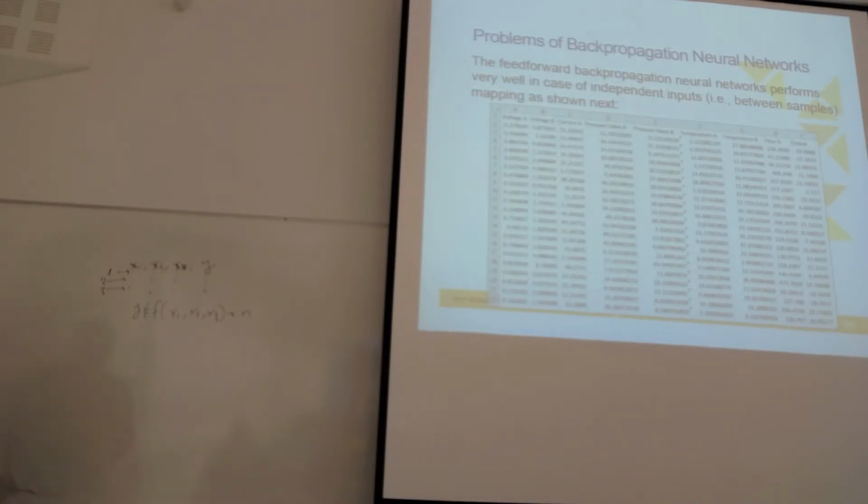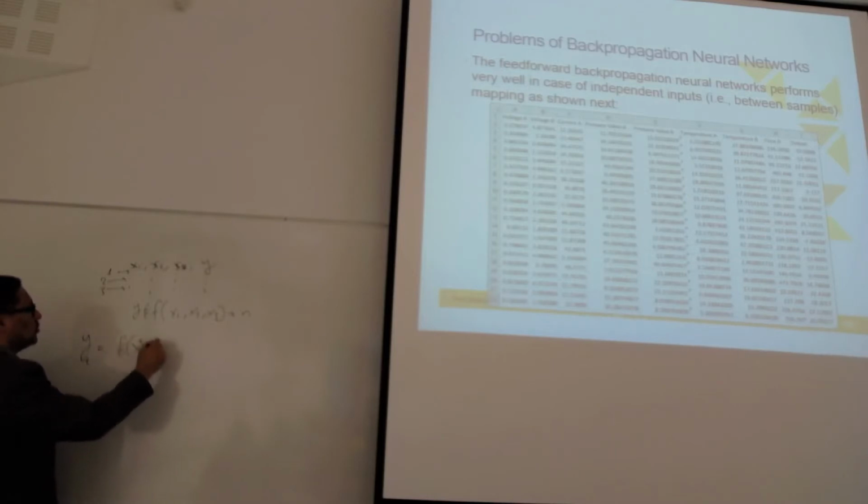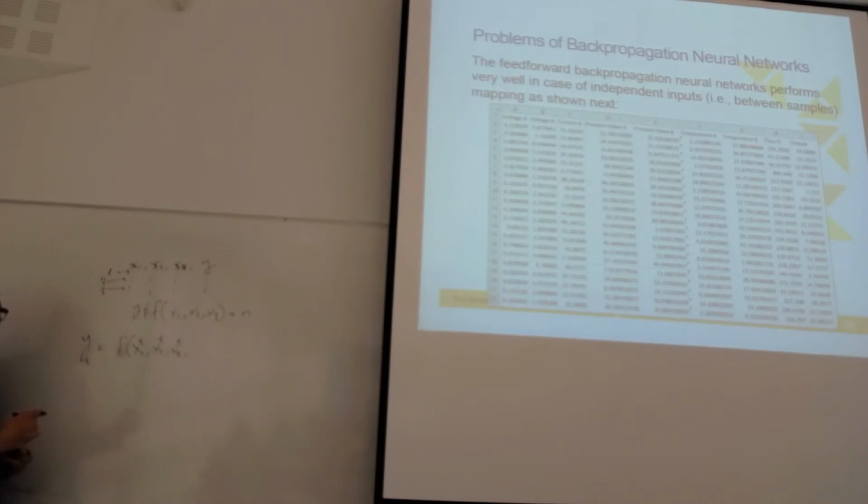But let us have another situation where the data came from a time series. In a time series, the output y at a certain time t is a function of x1 at t, x2 at t, x3 at t, but it also depends on the history.